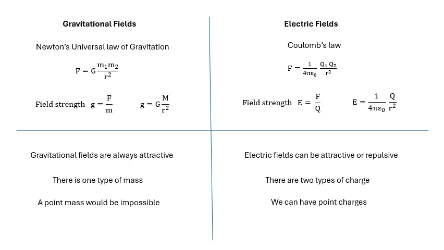You could say, what about black holes? They're a point mass. Yeah, forget black holes for the moment. A point mass would be impossible, but we do have these things called point charges. We imagine an electron, for example, to be a point charge. Whether it is a point charge or not is irrelevant. We imagine it to be a point charge for the sake of our calculations.